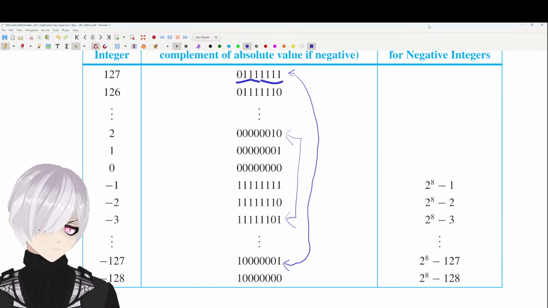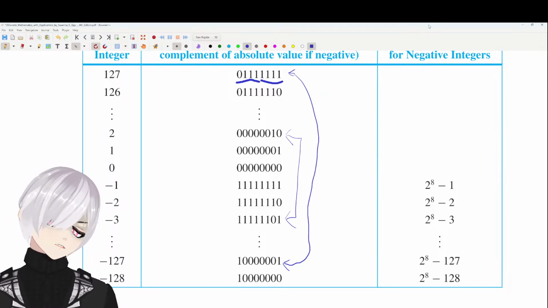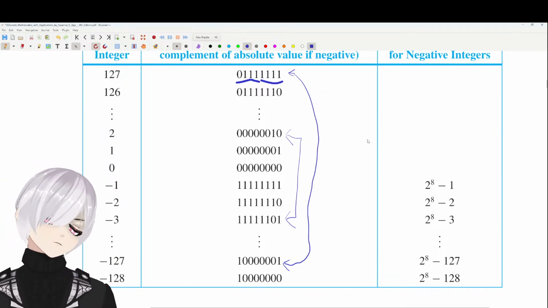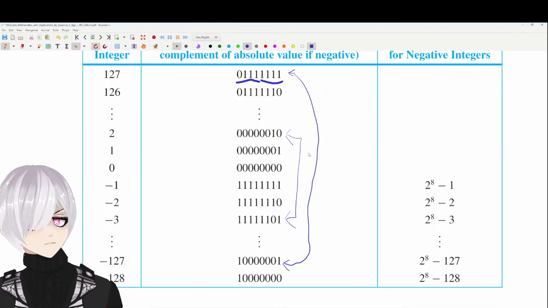So the non-negative integers are 0 through 127, so you have 128 of those. And then you have -1 through -128, so you have 128 negative numbers as well. Interesting. So in that case, 127 positive integers, 128 negative ones, and 0.